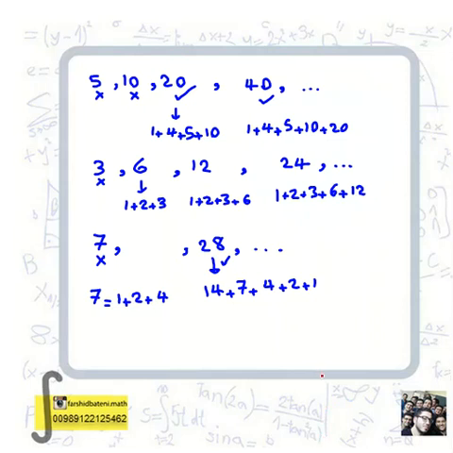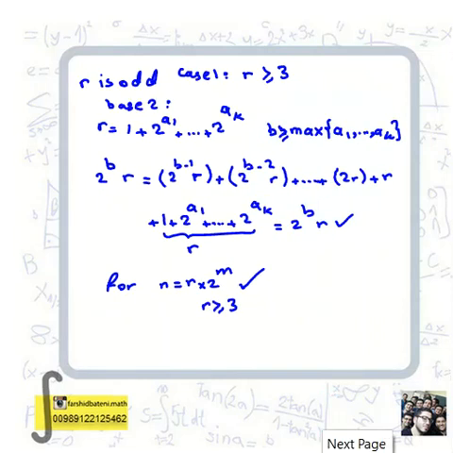We want to write it in the classic form, for example, as we would in our exam papers. So let's see. When r is odd, and r is greater or equal to 3, you can write r in base 2 as 1 plus 2 to the a1 plus and so on up to 2 to the ak, because r is odd, so we have 1.